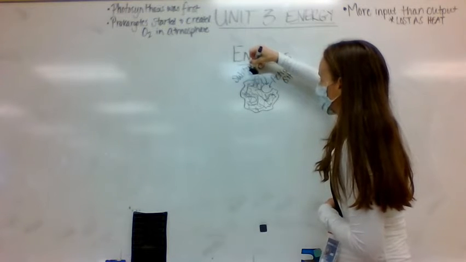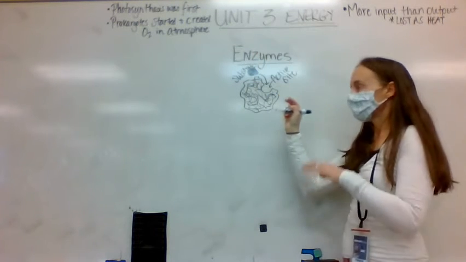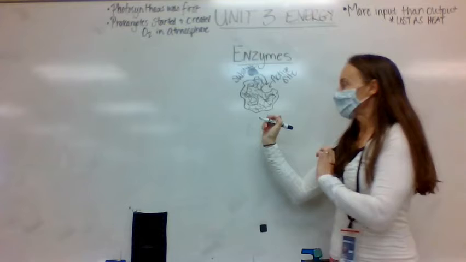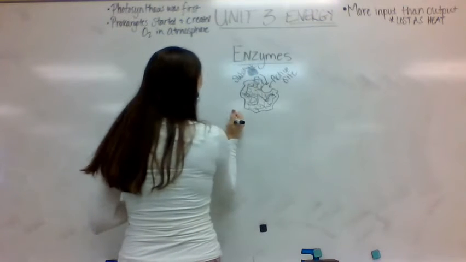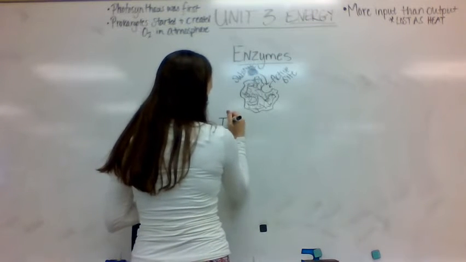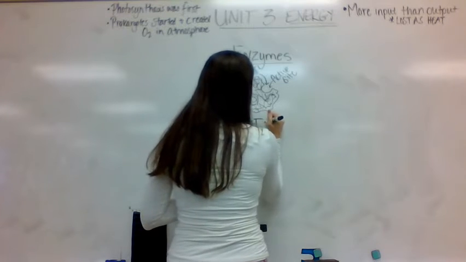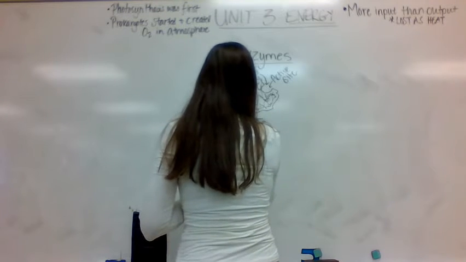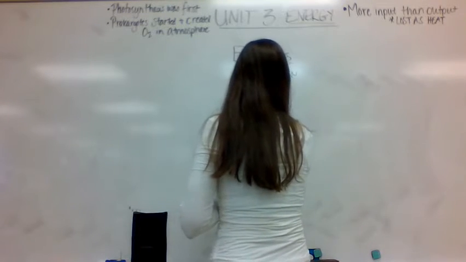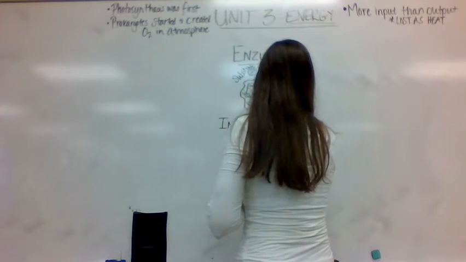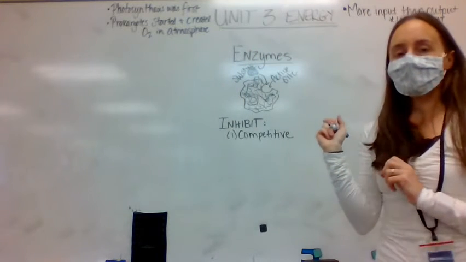And so what do you need to know about that? Well, obviously we already talked about mutation, but there are some ways to inhibit it, right? You can inhibit the function of the enzyme by competitive inhibition. What is a competitive inhibitor?